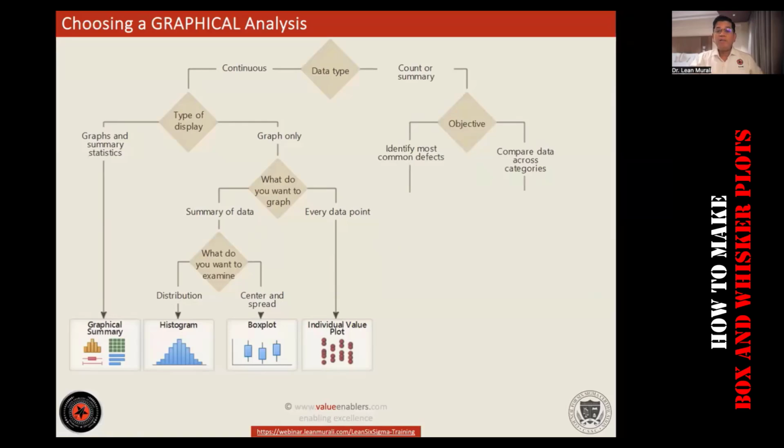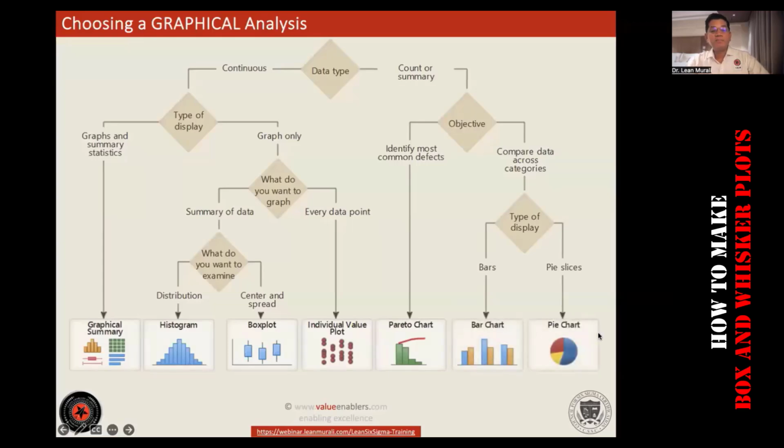If you want to identify the most common type of defect, it is Pareto analysis; last time we did Pareto analysis. If you want to compare data categories, you can use bar charts and pie charts. So you see seven graphs displayed in one slide, step by step.